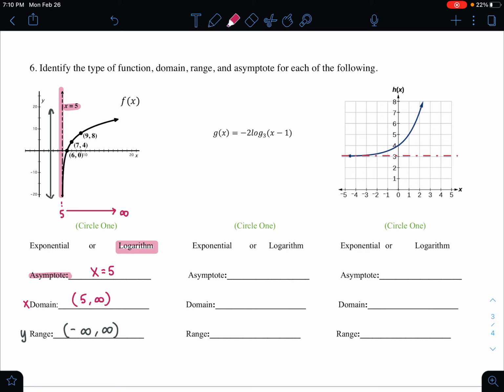Taking a look at g of x, is it a log or an exponential? Well, it says the word log in it, so it's going to be a logarithmic function. Reminder again, logarithms have vertical asymptotes which affect x. So for your vertical asymptote, you set your argument equal to 0, and you have a vertical asymptote at x equals 1.